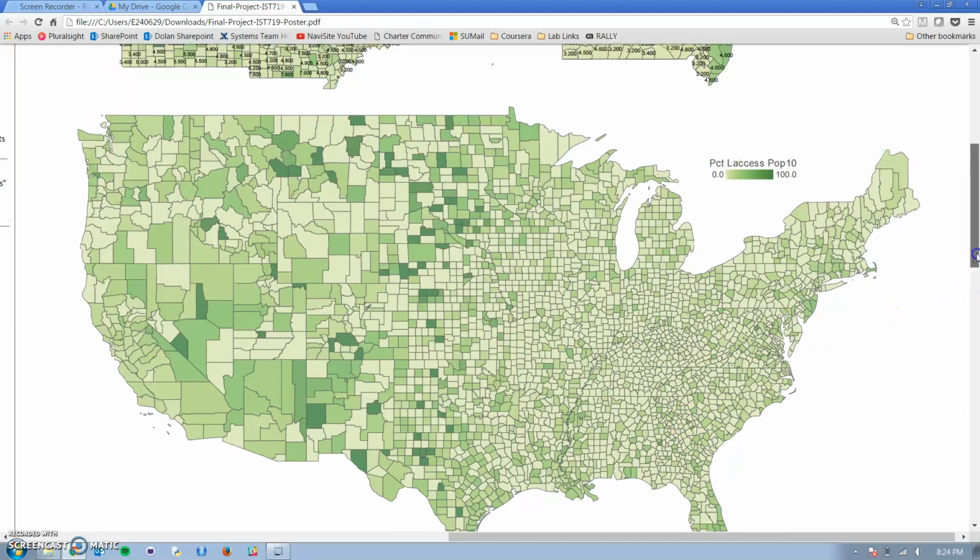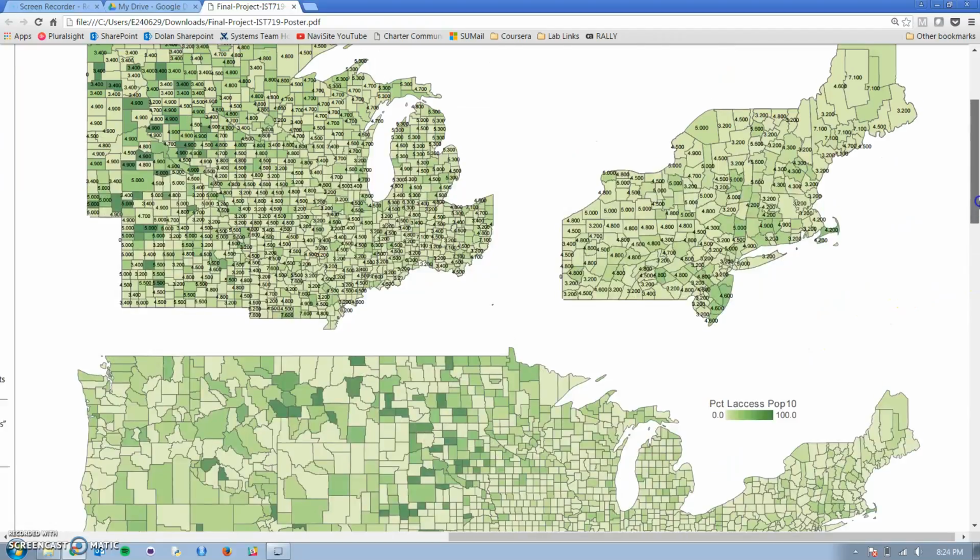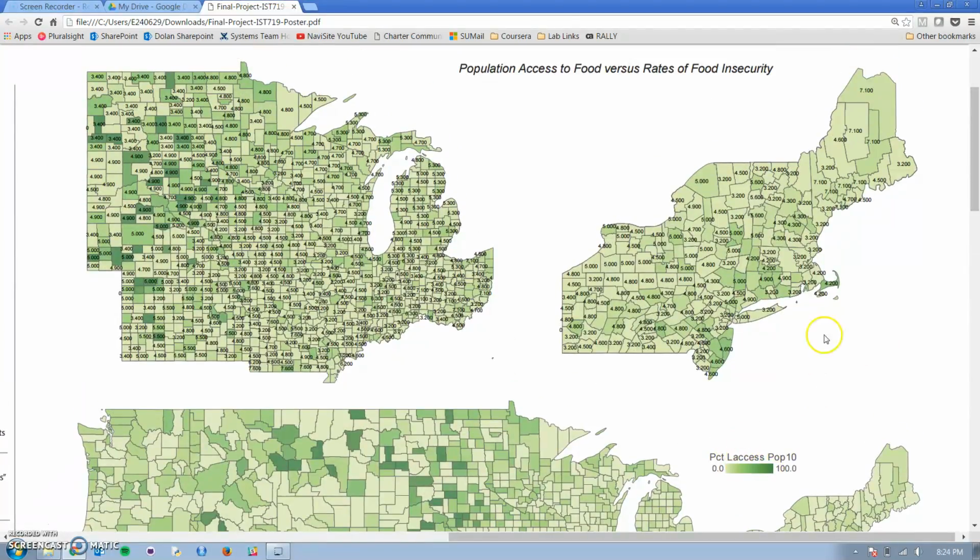And then I tried to go and examine county by county with a superimposed number signifying very low food security on top of the low access. So a county that has a darkly shaded color, darkly shaded green, and a high number superimposed over it is probably in pretty bad shape when it comes to access to food and security of people who are purchasing food in that county.